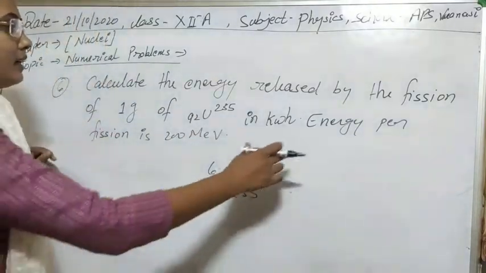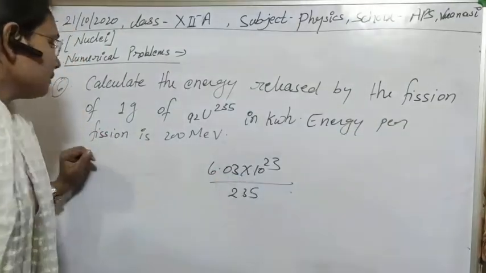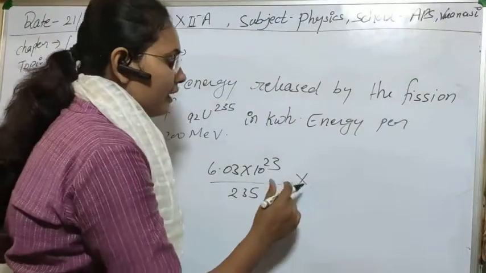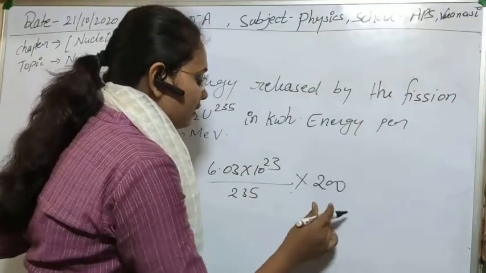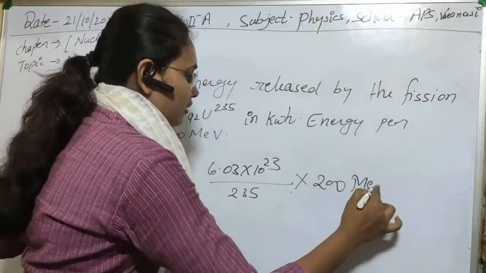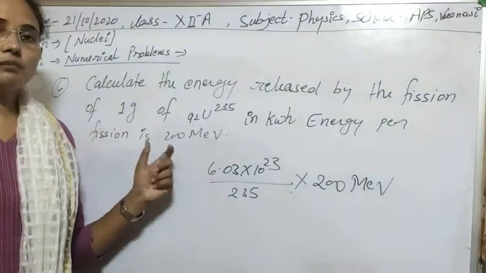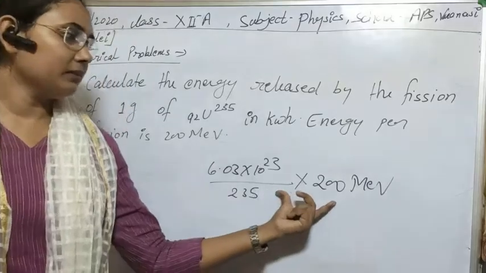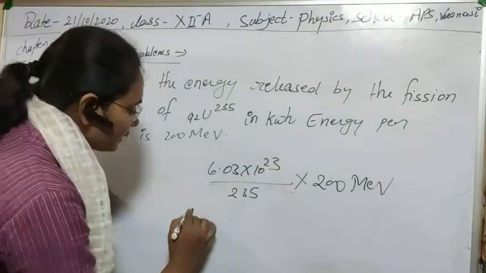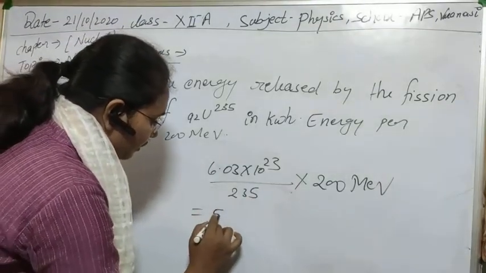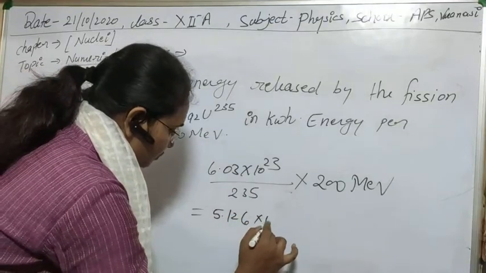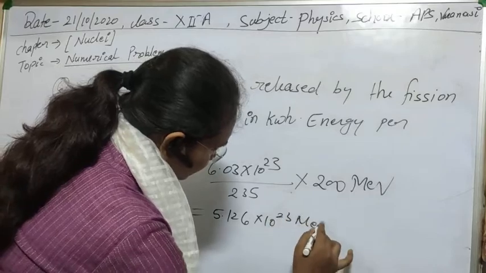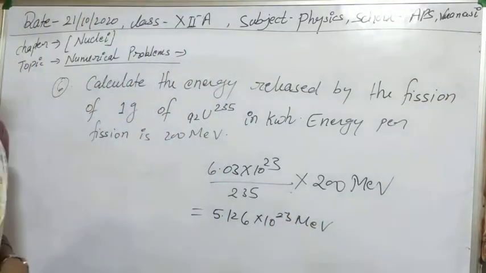Now it is given that the energy per fission is 200 mega electron volt. So in the fission process, what will be the total amount of energy released? After calculating this value, we get 5.126 into 10 to the power 23 mega electron volt.